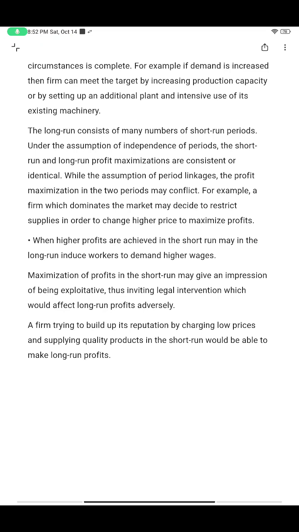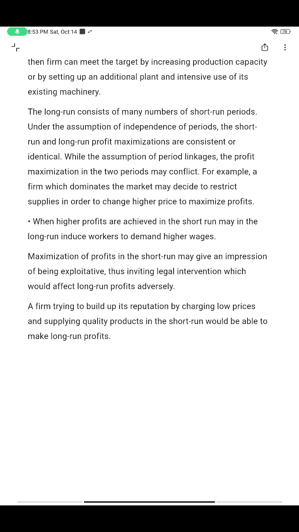So whether it is a long run or a short run, the objective of every firm, company and business is maximization of profits, either by adapting to advancing technology, selling more products, or creating new alternatives for existing products. They try to build their reputation by first charging low prices initially, and then once the product is attracted by customers, when they choose the products more, they eventually start increasing the prices.